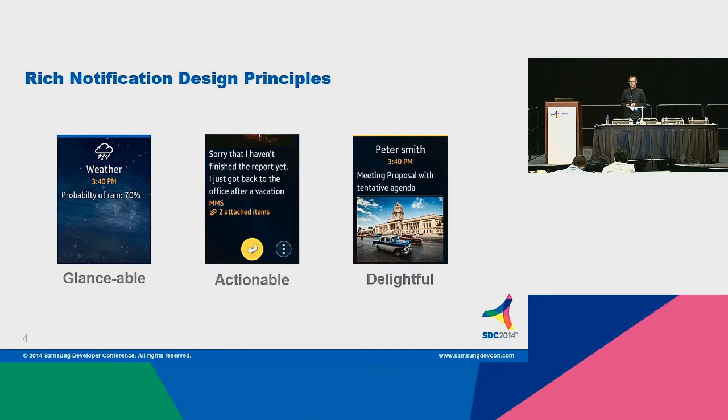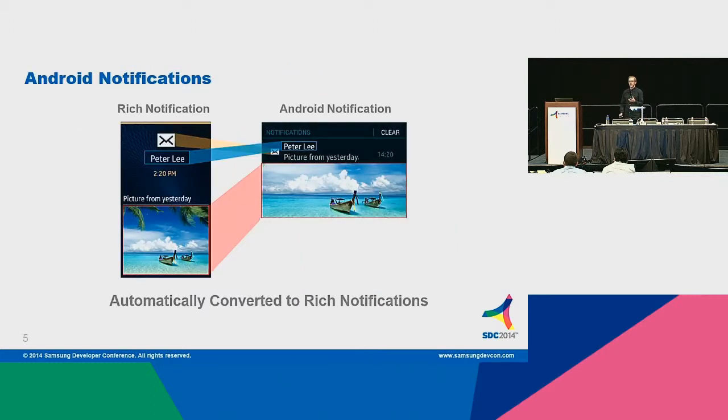And before we talk more about those customization options, I just wanted to mention that if you already have an Android application and it is pushing standard Android notifications, those will be sent to the Gear S as well. But the drawback is that you won't have any control over what they will look like on the Gear S, and they won't have any actions.